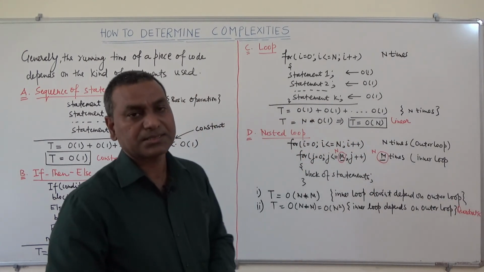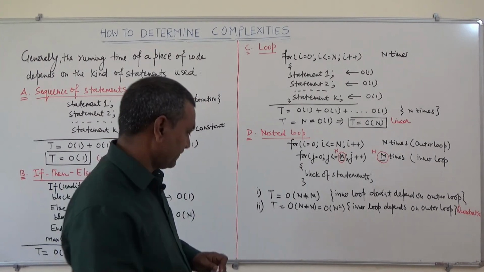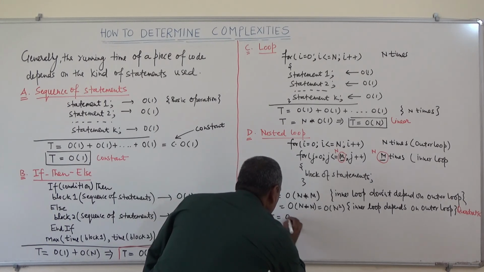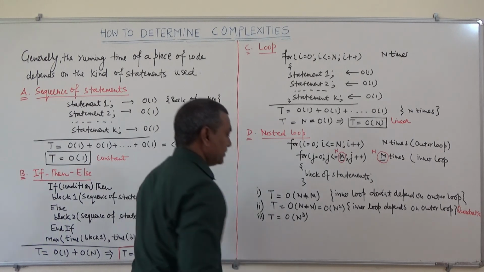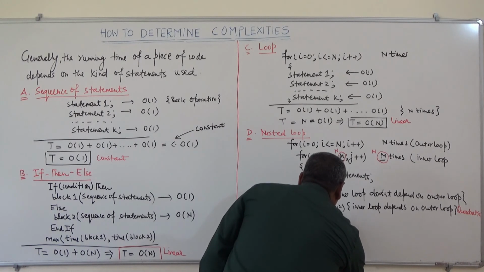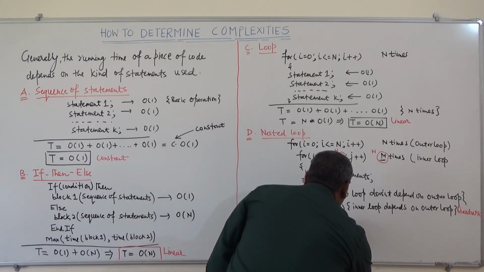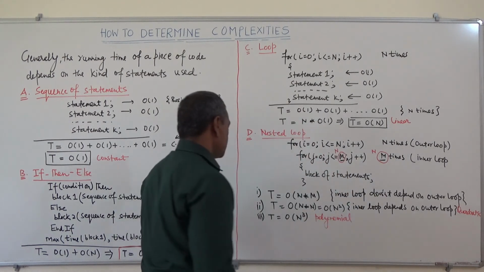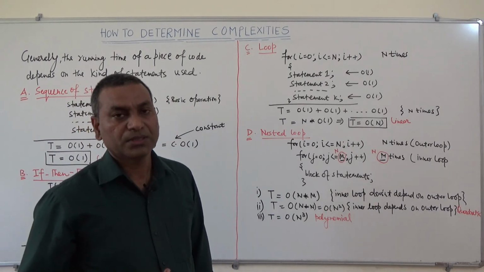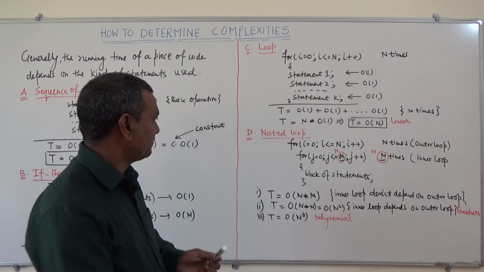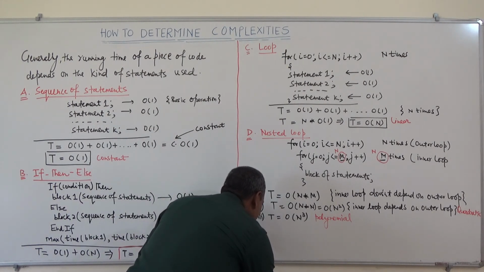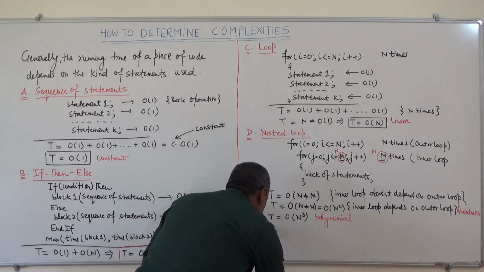Now the third case is if there are three loops. Then we can say this will be order of n cube and it will be a polynomial. So in this way we can determine the complexity of a nested loop. Now the fifth and the last case is if a piece of code is containing a function call.